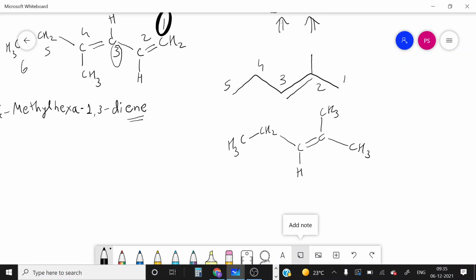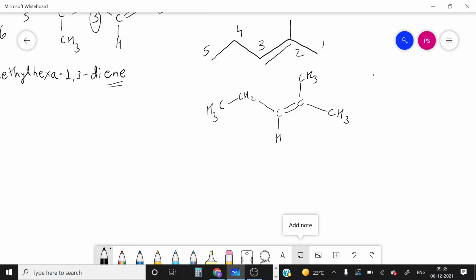You can see all carbons have 4 valency. The formula for this compound: total number of carbons 6. Normal alkane formula is C6H14, but one double bond is there, so instead of 14 you have to put 12. You can count 3 plus 3 is 6, 7, 8, 9, 9 and 3, 12.